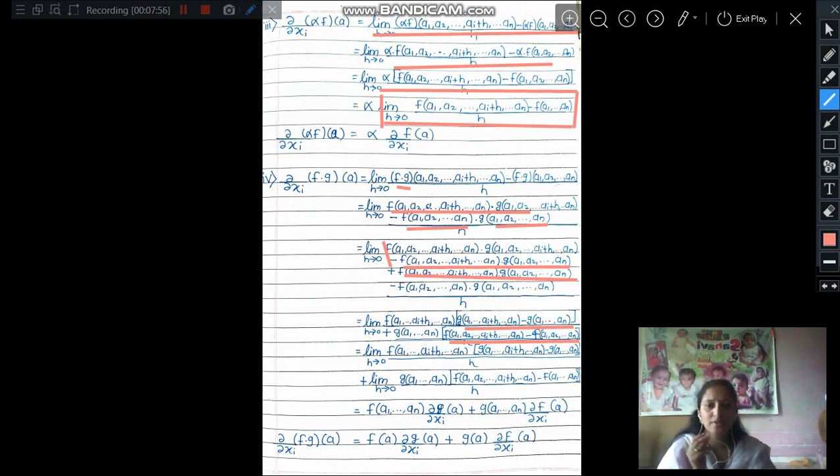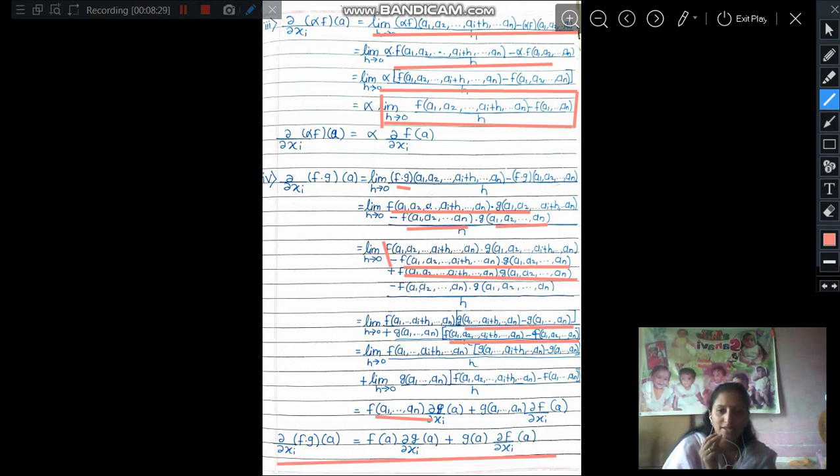In the first term, f of (a1, ..., ai + h, ..., an), and the first bracket is the definition of ∂g/∂xi at a, plus g of (a1, ..., an) remains the same, and the second bracket contains the definition of ∂f/∂xi at a. That is, f of (a1, ..., an) means what? f of a, since the coordinates a1, ..., an are the coordinates of a, and here g of (a1, ..., an) is g of a.